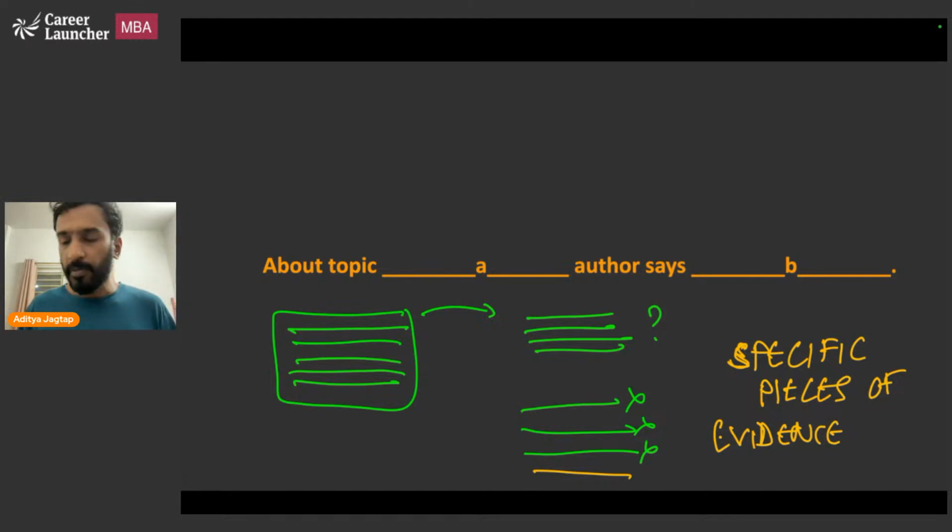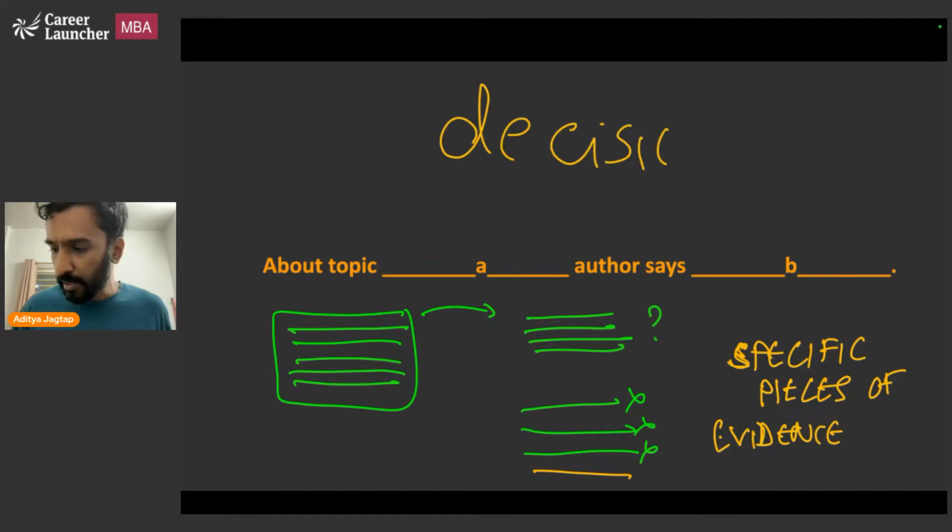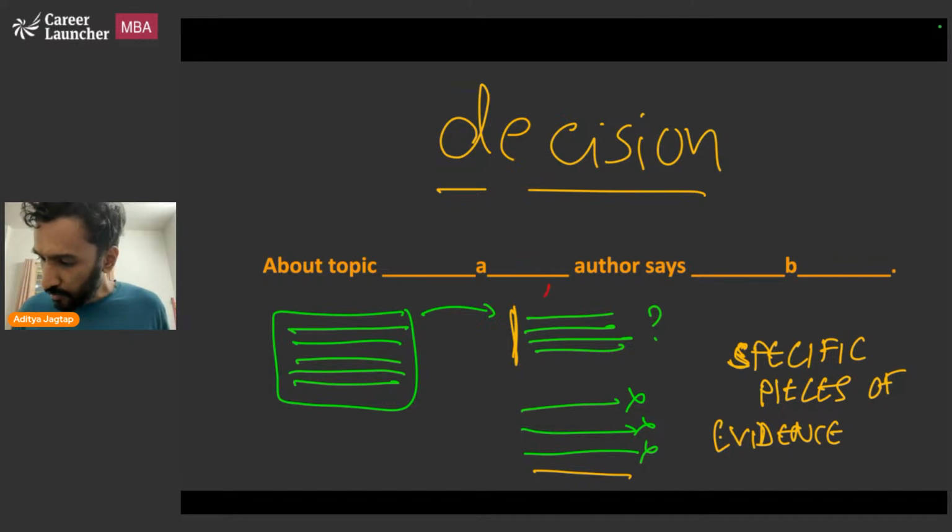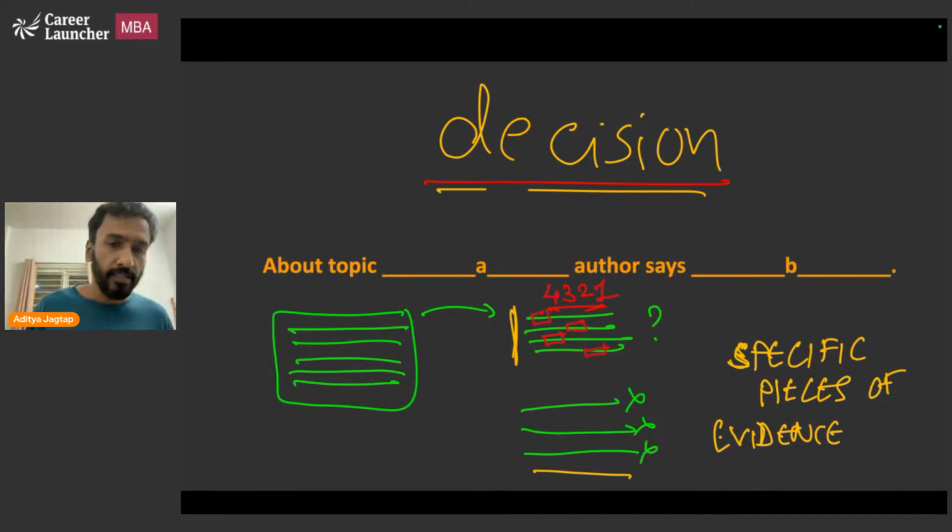The objective of your performance is that every decision you take, right, you're saying that these sentences are best arranged as, let's say, 4 3 2 1. This is the best possible arrangement of these sentences. If you're taking this decision, then there should be some specific reason as to why you're saying this is the only way to arrange these sentences.